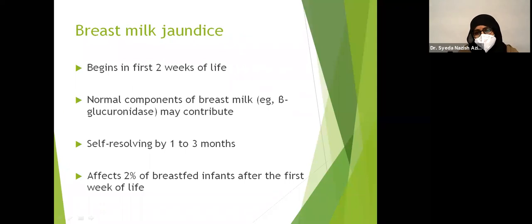The other entity that overlaps closely with physiologic jaundice is breast milk jaundice. Just like physiologic jaundice, it begins in the first 2 weeks of life.